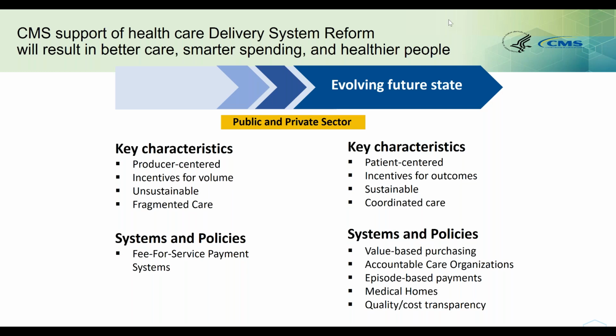There's a number of ways that you can structure value-based purchasing, whether it be through population-level models like accountable care organizations or episode-based payments. And I'll talk a little bit about a recent model that we announced that's based on episodes. Medical homes also are a popular model of care. And overall, key and foundational to all of this is transparency in quality and cost. So next slide.